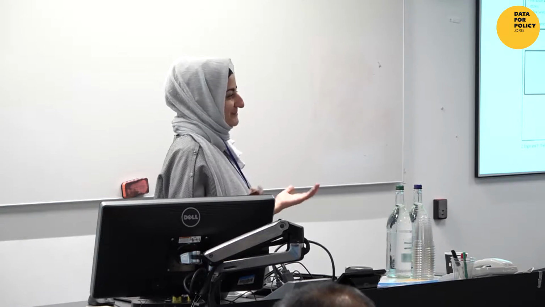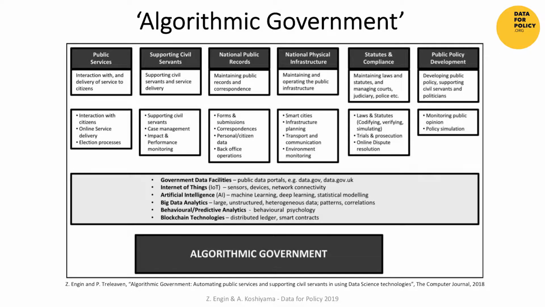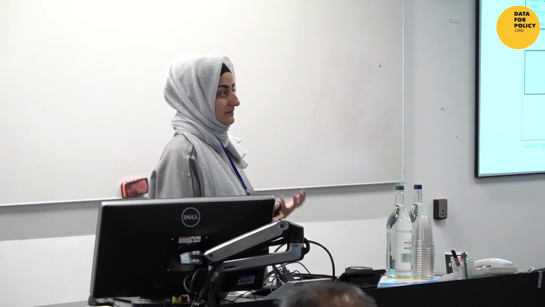Basically, we thought that if we were to look at government as a whole, what would be the functions that we could change, we could disrupt in a way with the technologies that are available, and it ranges all the way from public services to how justice is delivered, or how we deal with national physical infrastructure, or national public records as well.